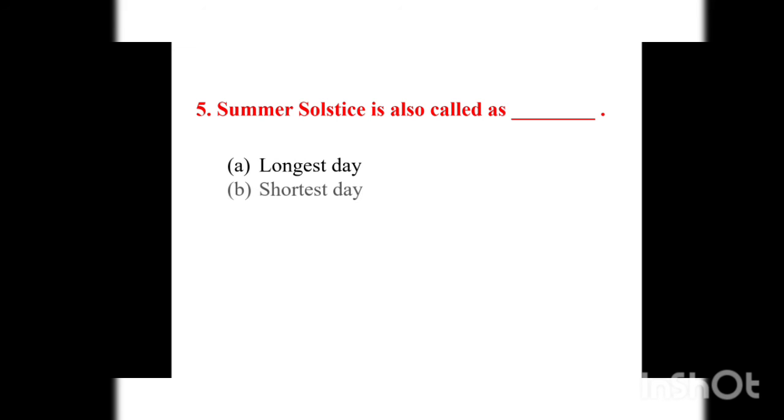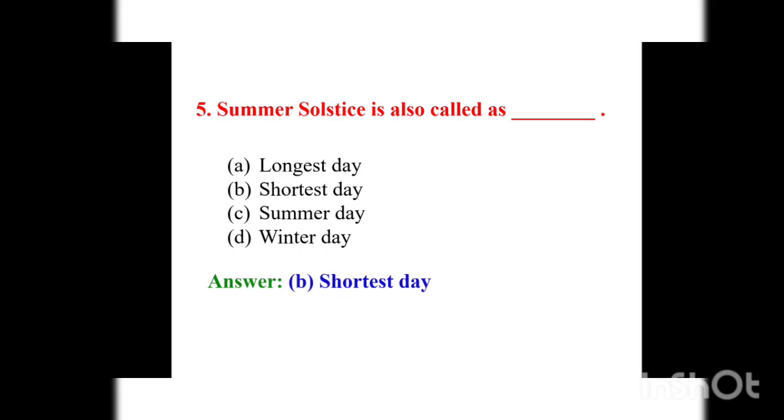The last question is, summer solstice is also called as dash. Your options are longest day, shortest day, summer day, winter day. Well done, dear. You said correct answer. The answer is B. Shortest day.